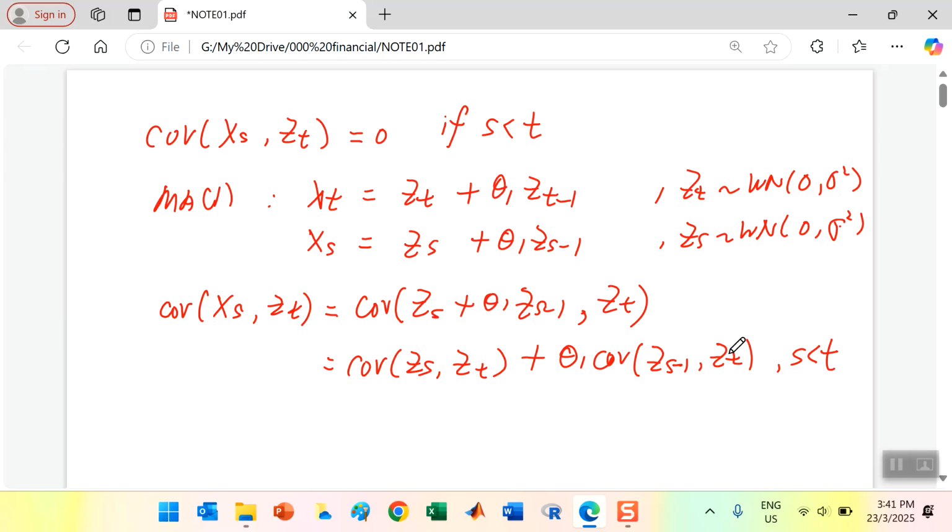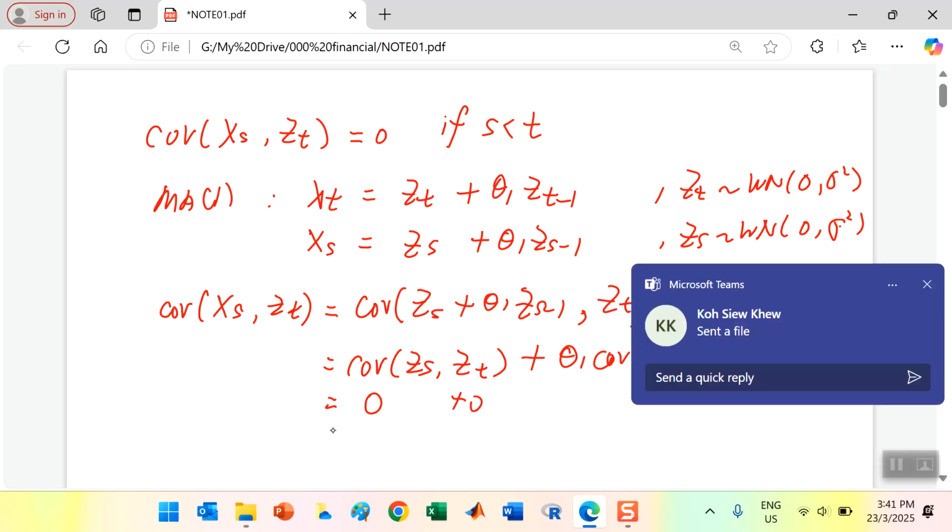In this case, S is a lag of T, so most probably the covariance between these two random processes will be 0. Similarly, for ZS minus 1 and ZT, this is even another step behind, so the covariance will be 0 as well.